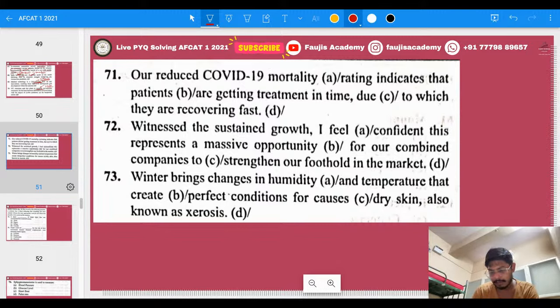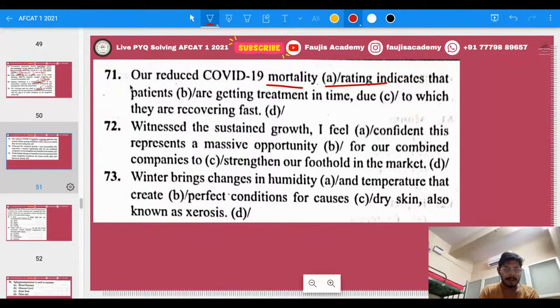What do you guys think about this particular question? Our reduced COVID 19 mortality rating indicates that patients are getting treatment in time, due to which they are recovering fast.